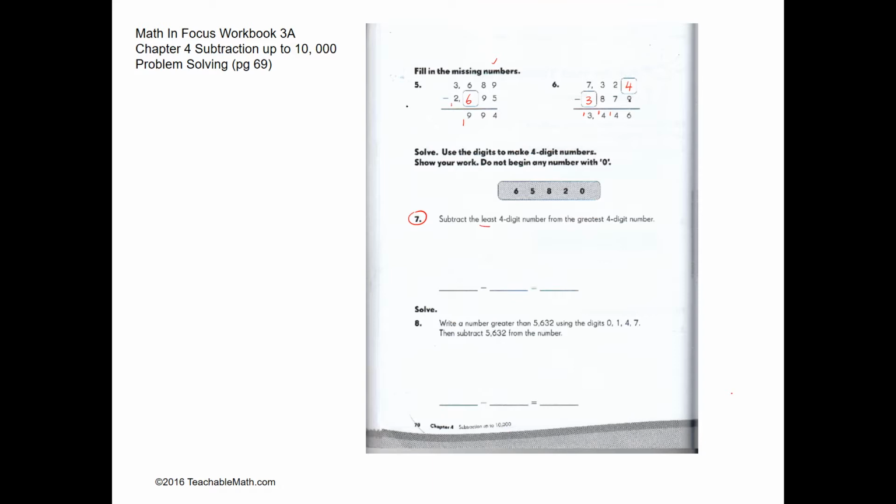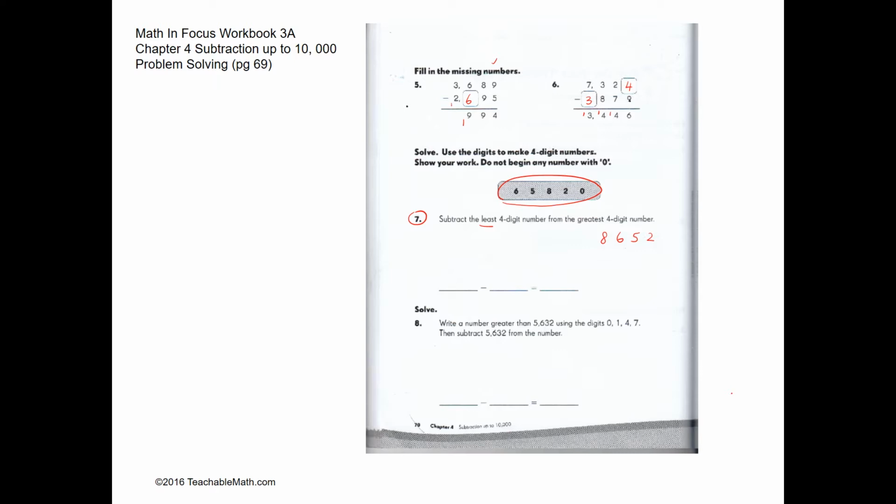So subtract the least 4-digit number from the greatest 4-digit number. So we have to first find the greatest 4-digit number. So the greatest would be 8652. That's the greatest 4-digit number that we can form with the digits over here. Now we have to find the least 4-digit number.